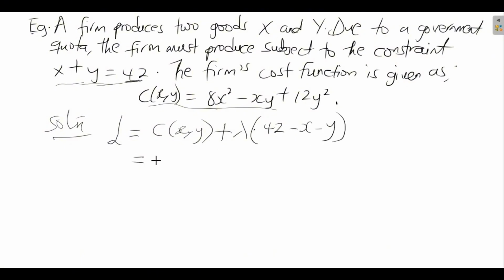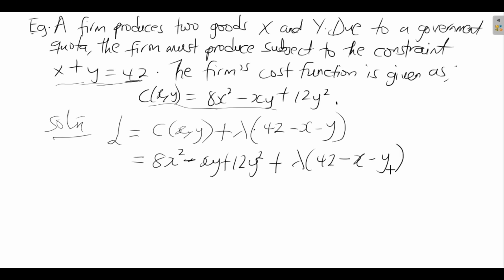We already know the cost function to be 8x squared minus xy plus 12y squared, plus lambda times 42 minus x minus y. Now this becomes our Lagrangian equation. It is out of this equation that we are going to find the partial derivatives with respect to x, y, and then lambda.